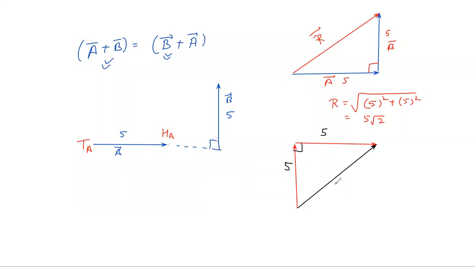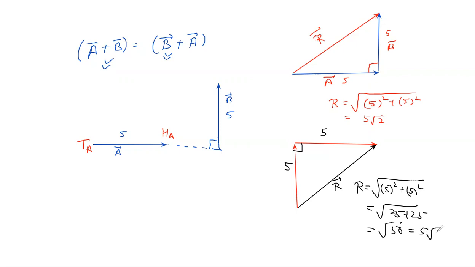So the resultant is calculated with the help of the Pythagoras theorem. R equals the square root of 5 square plus 5 square, so this is 25 plus 25, that means under root 50, and under root 50 is 5 under root 2. So R magnitude equals 5 root 2.